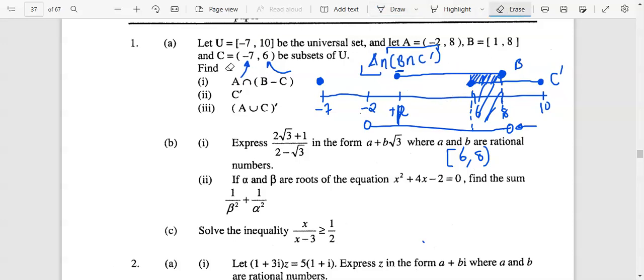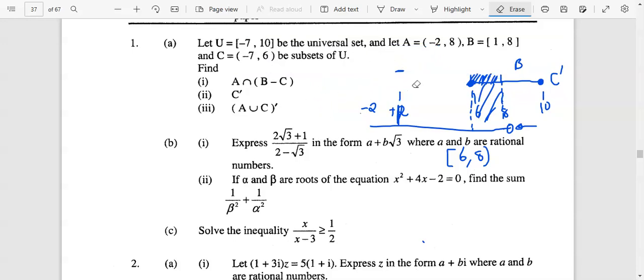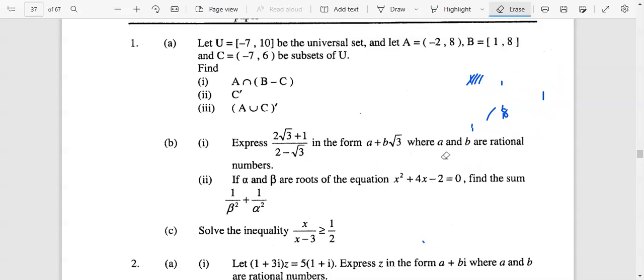Yes. All right. And then we'll look at C complement. Now C complement, we know that's more direct. Firstly, I'll put the universal set starting from -7 going to +10. I'm going to put two dots here on the universal set.